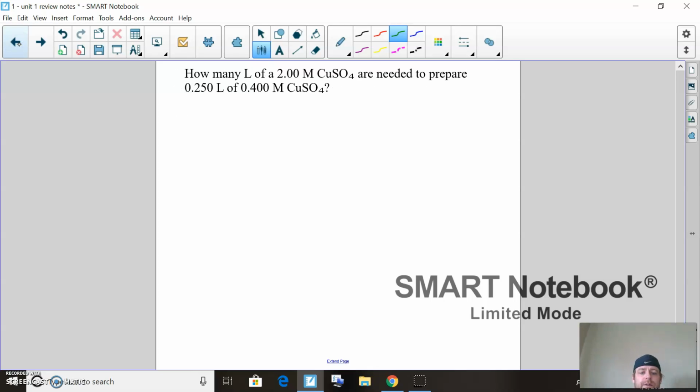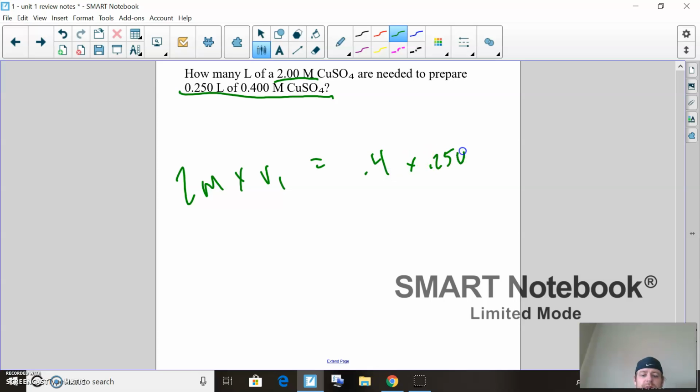How many liters of A are needed to prepare this? This is the solution you want to make, and this is your stock solution. So I have a 2 molar times V1 of it, and I want to get to a 0.4 times 0.250. Okay, so solving for V1 is going to get you how much you actually need to get to that liter volume.